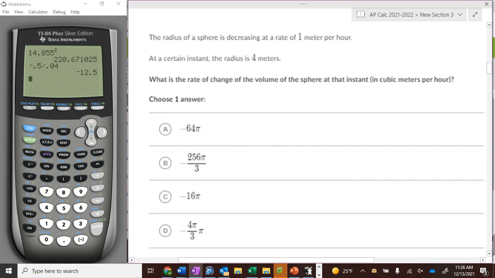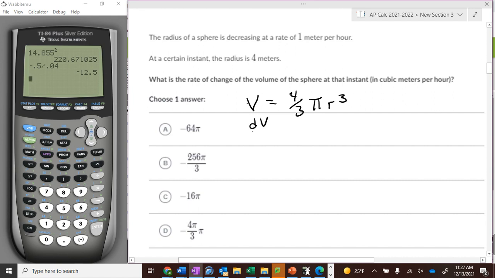The radius of a sphere is decreasing at a rate of 1 meter per hour. At a certain instant, the radius is 4 meters. Volume of the sphere is 4/3 pi r cubed.